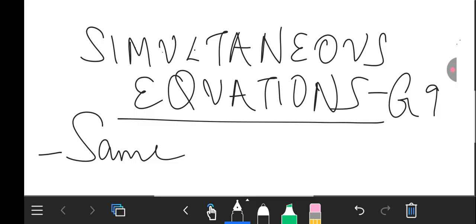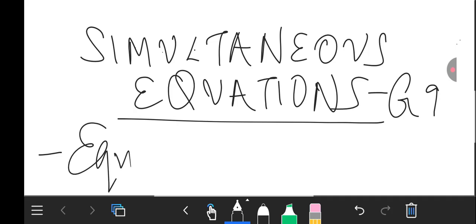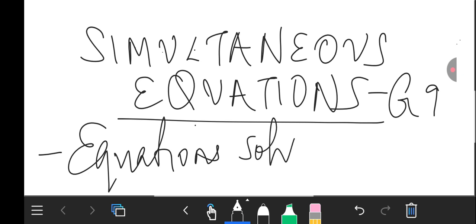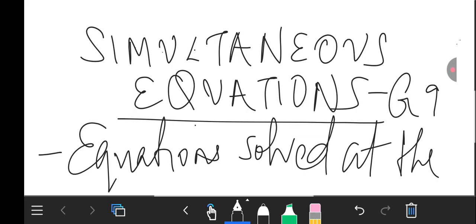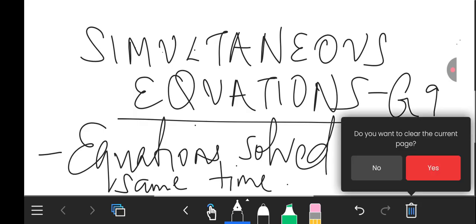So these are equations solved at the same time. Those are what are known as simultaneous equations.